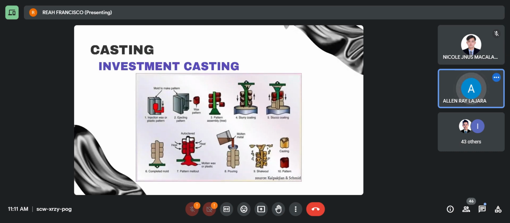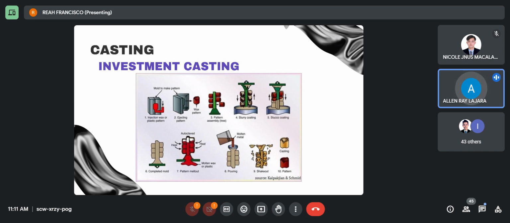Then sa 5 naman po, stucco coating, ay para mas lalong patigasin, na medyo malutong, para pag nag-solidify na yung molten metal natin ay madali siyang basagin. So sa 6 naman po ay yun na po yung completed mold. Then sa 7, lalagyan po natin ng heat yung pattern tree para yung wax na pattern natin ay matunaw tapos tumulo na.